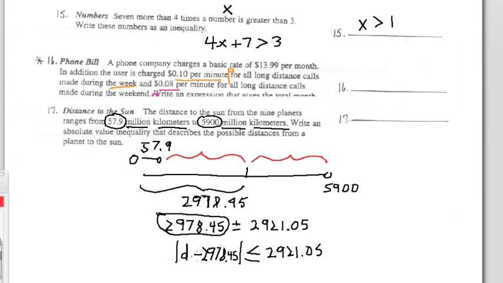All of this in the absolute value, so that, and I'll do it in green, that D minus 2978.45 is less than or equal to the positive 2921.05.